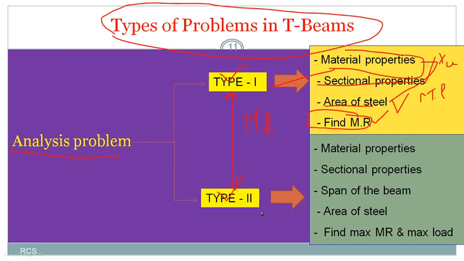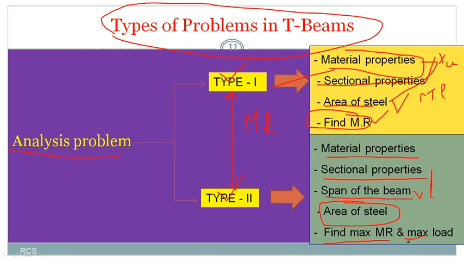Then in the type 2 problem, ultimately we also have to calculate the moment of resistance. Here also they will give material properties like grade of steel and grade of concrete. The dimensions of the section will be given, and along with the sectional properties, the span of the beam, that is the span L or length of the beam, and the area of steel will be given. And they ask you to calculate the maximum moment of resistance it can bear and what load it can resist.